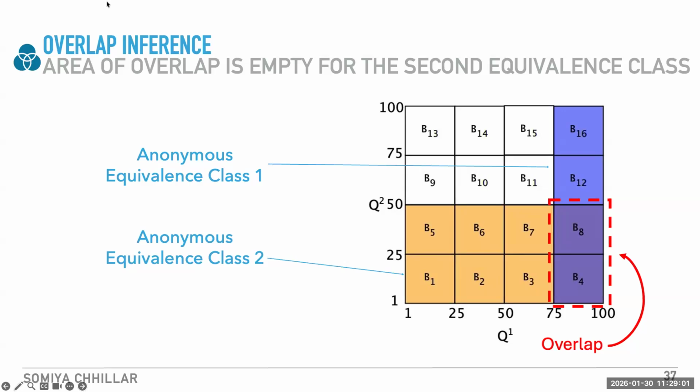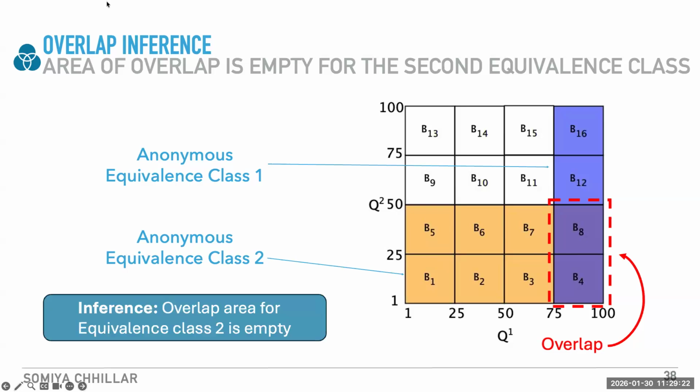So one of the equivalence classes was formed before another, and in that case, it would have used up all of the points in the overlap region before the second class. In short, we can say that the area of overlap in the segment grid is empty for the second equivalence class. Does that make sense? I can pause for questions.